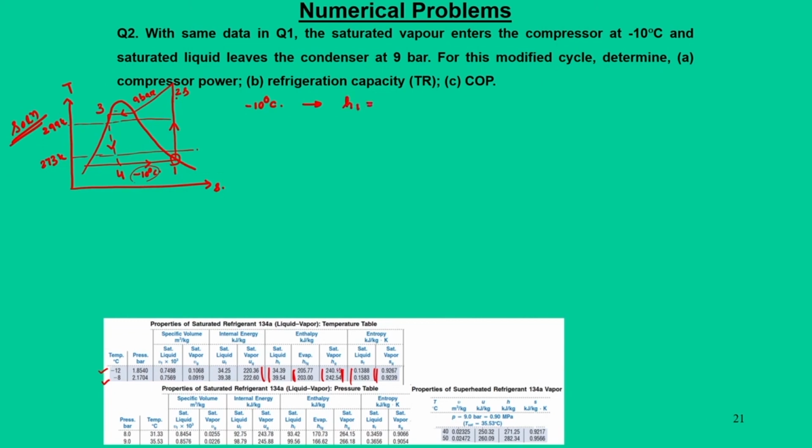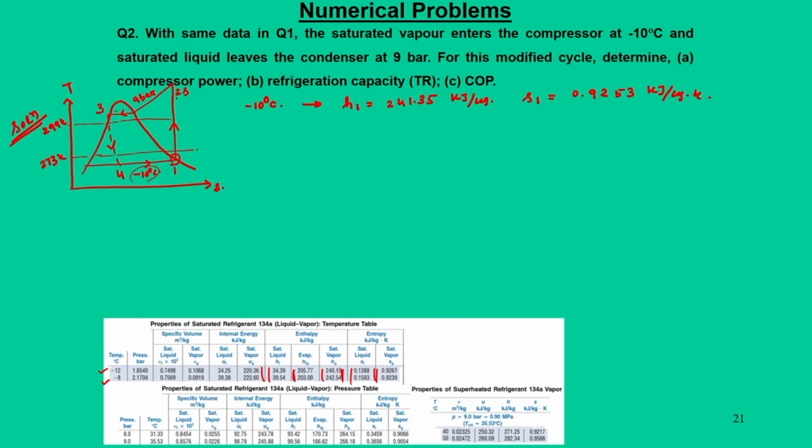For H1 we take Hg because it is the superheated vapor. So, take the data for minus 12 and minus 8, add them, divide by 2. So, this number would be 241.35 kilojoule per kg. S1 also: 0.9267 plus 0.9239 divided by 2, that is equal to 0.9253 kilojoule per kg Kelvin.